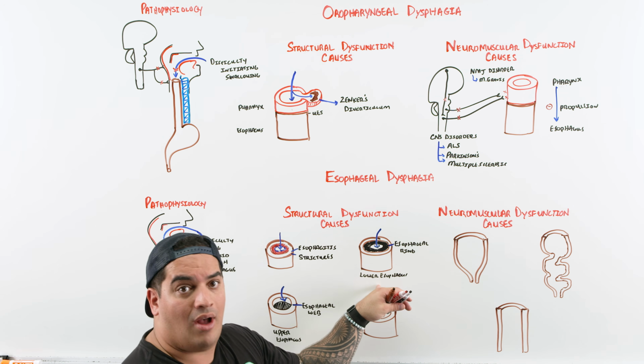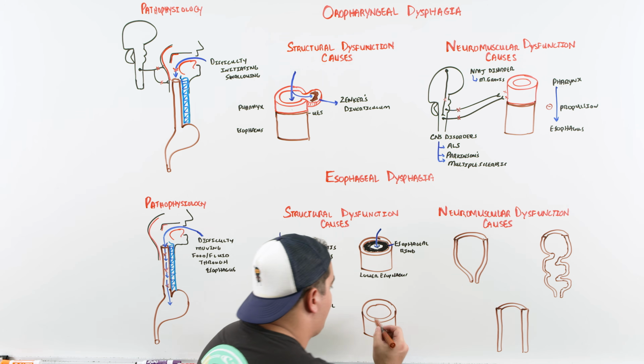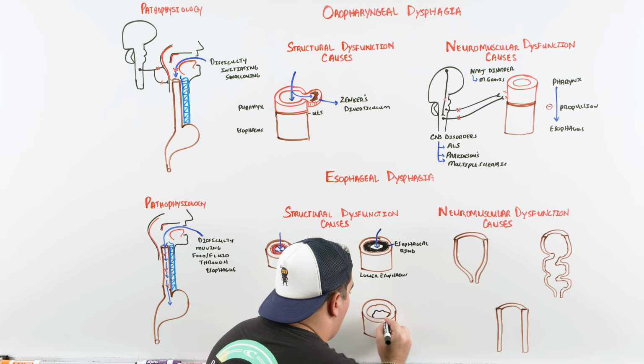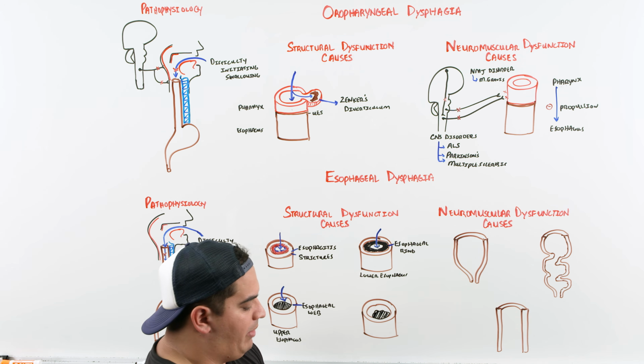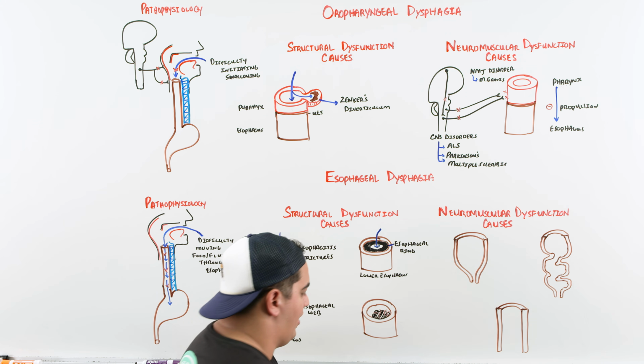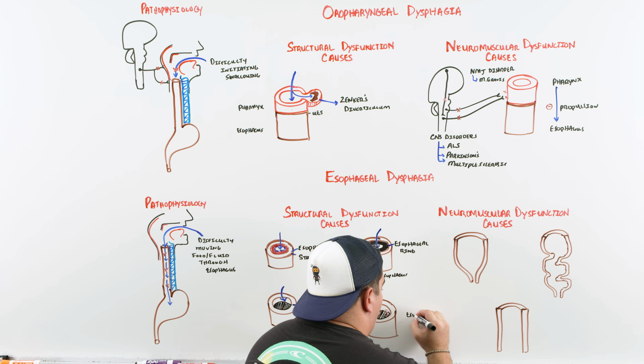Okay, usually lower esophagus. The last one is you have a tumor, and this is probably a really sad one, but if you have some type of neoplasia that's protruding into the lumen here, that would also be a big one. So if I see some type of vascular mass here, that would definitely be a trigger. So think about esophageal cancer.